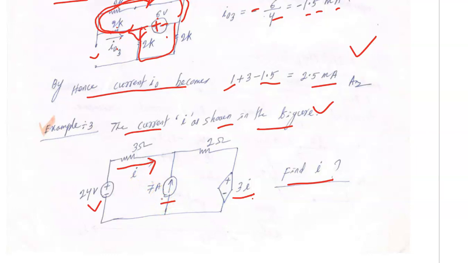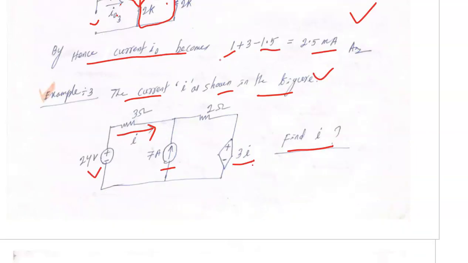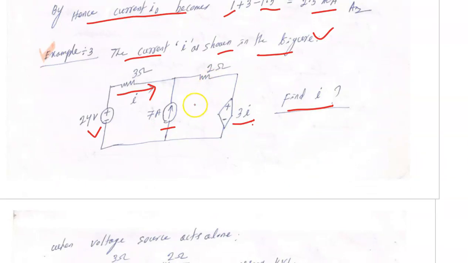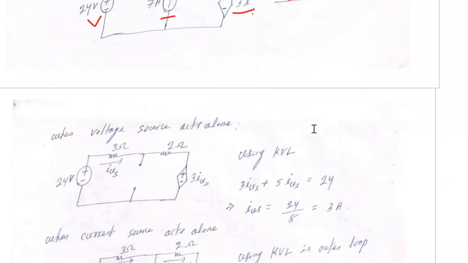So we'll apply the superposition theorem. As I have told you already, only independent sources can be reduced to 0 and the dependent source will act as it is. So first we'll consider the 24 volt independent voltage source.